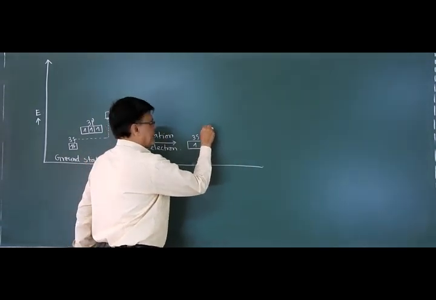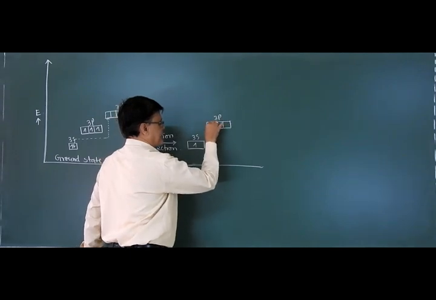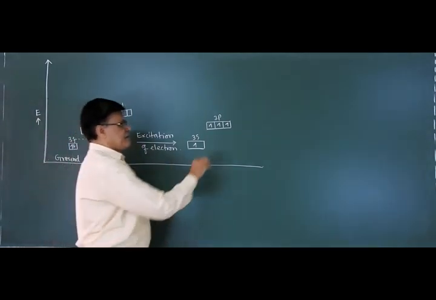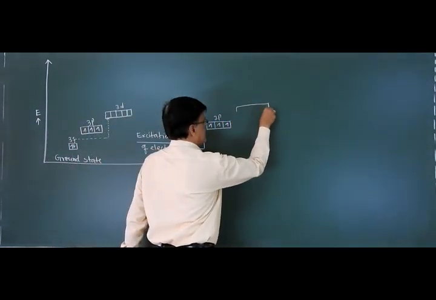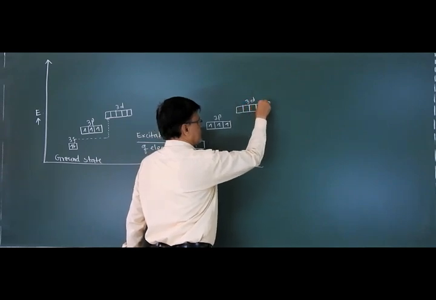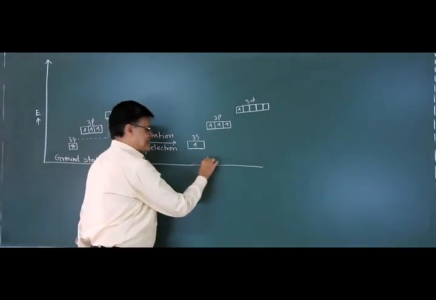Then 3p as it is, no change. Then 3d, one electron. This is the excited state.